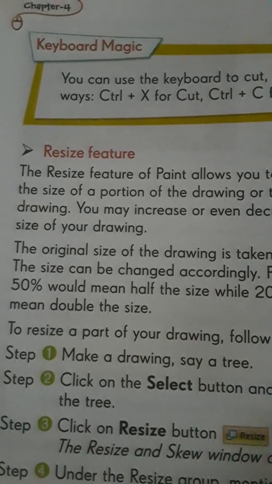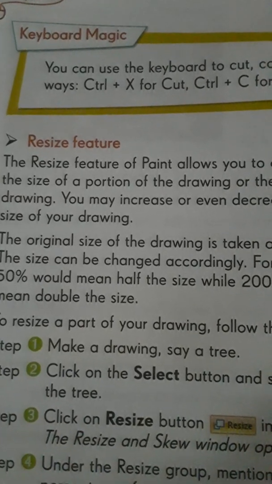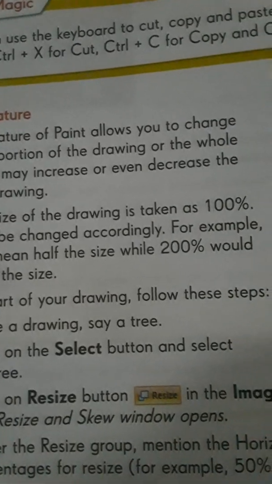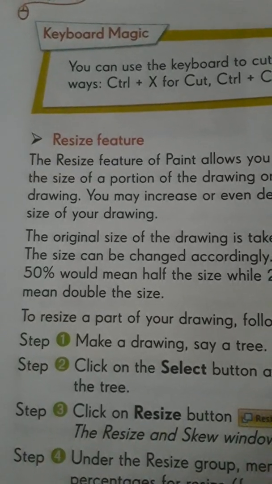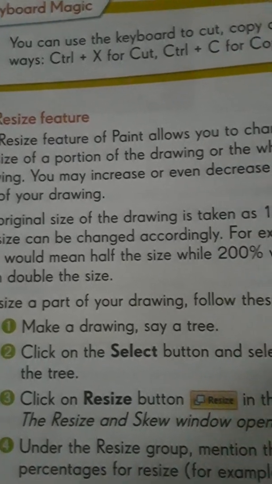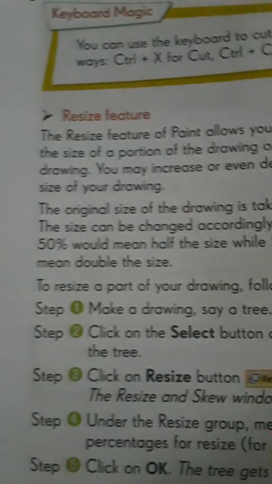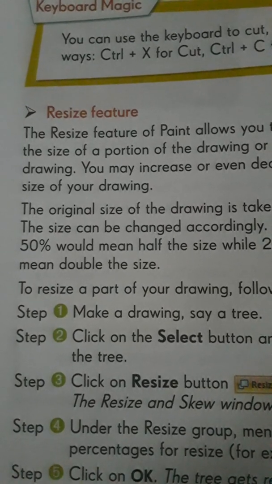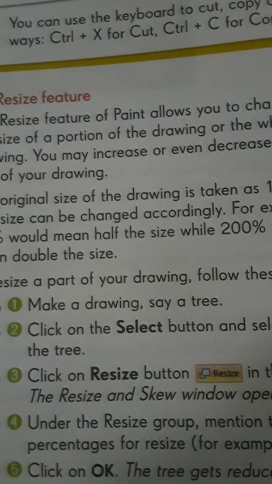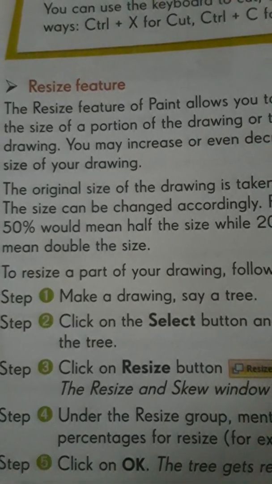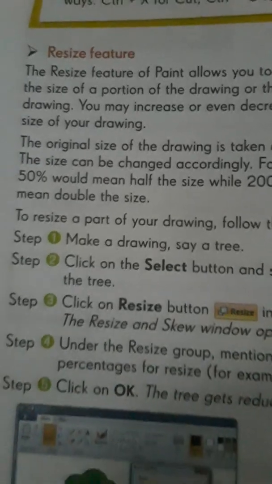The original size of the drawing is taken as 100%. The size can be changed accordingly. For example, 50% would mean half of the size, while 200% would mean double the size.